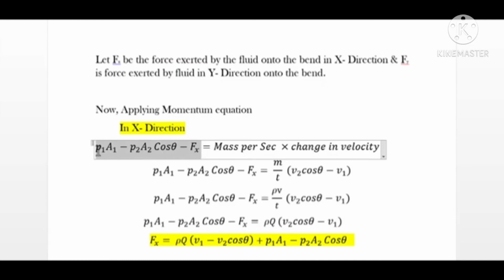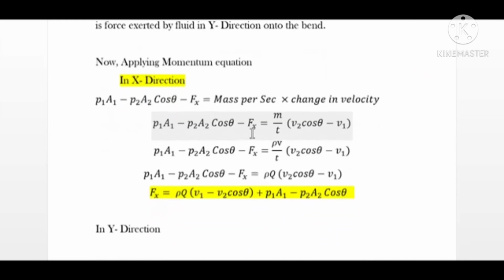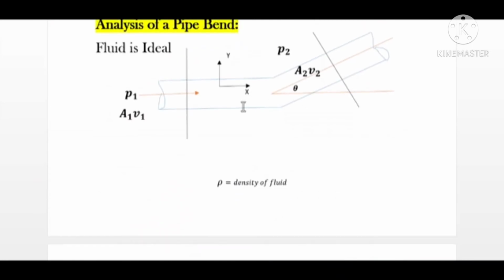Now all these forces, that is the net force, will be equal to mass per second multiplied by change in velocity, that is mass flow rate multiplied by change in velocity, which gives us the change in momentum. On simplifying, we have written mass per second as m by t, and the change in velocity in the x direction will be, initially the velocity at this section was v1, and at this section the velocity is v2, but this velocity will be resolved into components along the x and y directions.